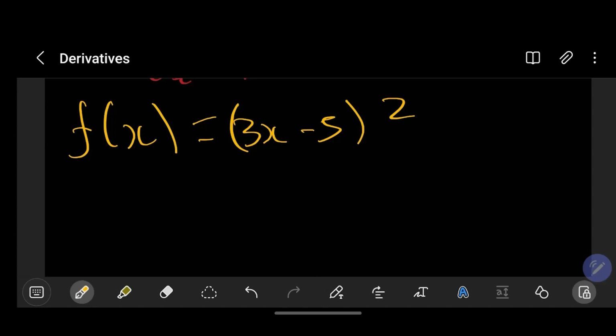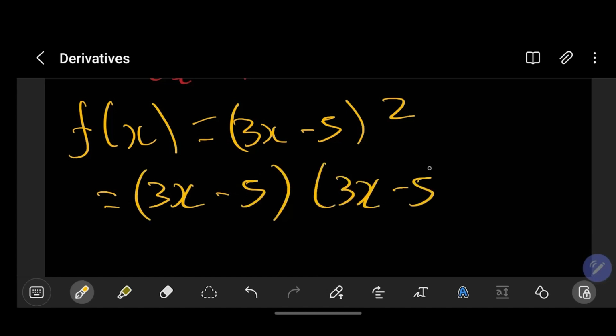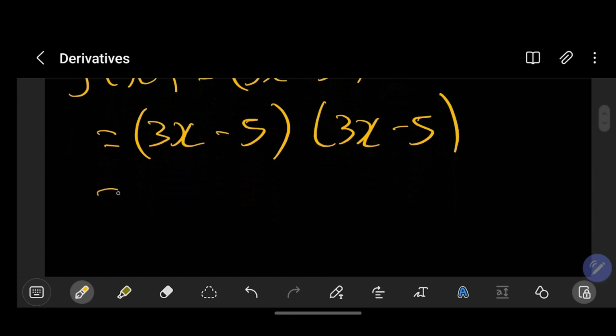So if we take (3x minus 5) all squared, we can rewrite this as basically (3x minus 5) times (3x minus 5). Now if we multiply this out, we will get 3x times 3x is 9x squared. 3x multiplied by minus 5 is minus 15x.